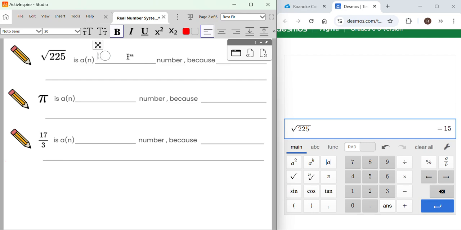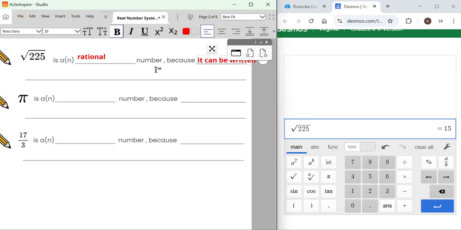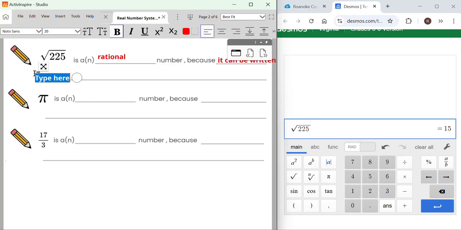So that is definitely rational, because it can be written, or represented, as a fraction.